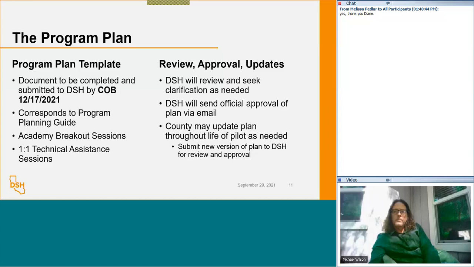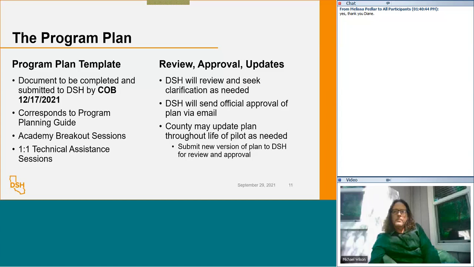Our intention with that, of course, is not to slow down your program or create any unnecessary red tape for you making adjustments to how your programs are functioning. It's really a speedy review process at that point, and it's just so that we're keeping track of how the programs are running and what the designs are.